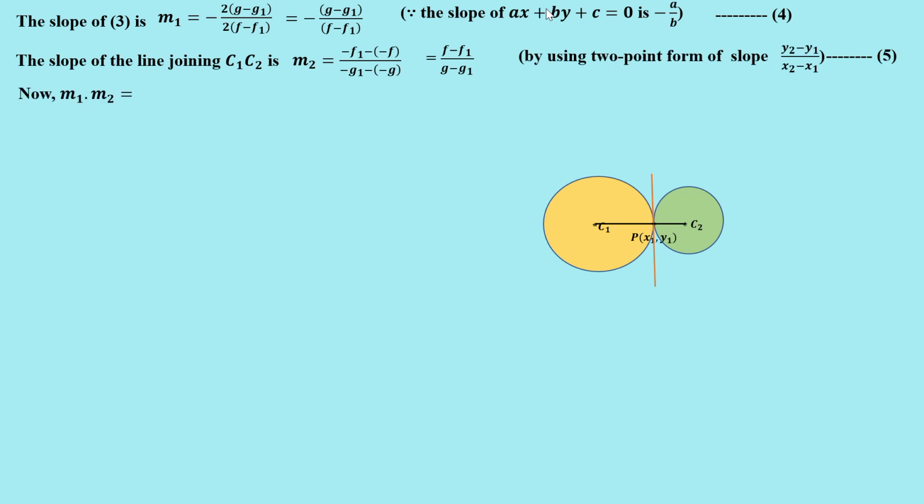The first slope is the slope of 3, m1, and the slope of the line joining C1 and C2 is m2.